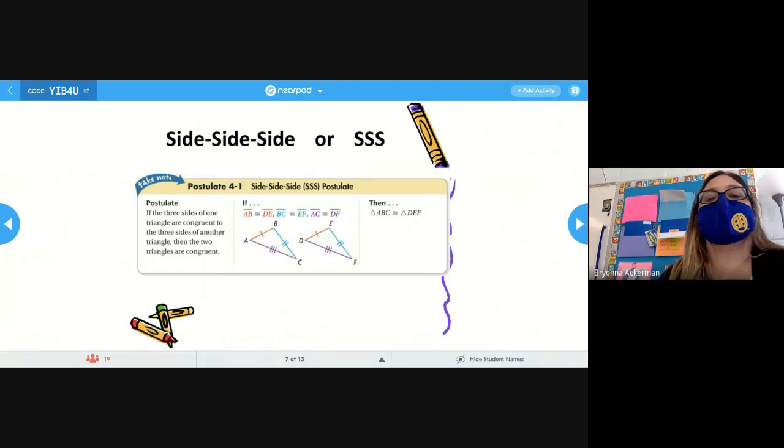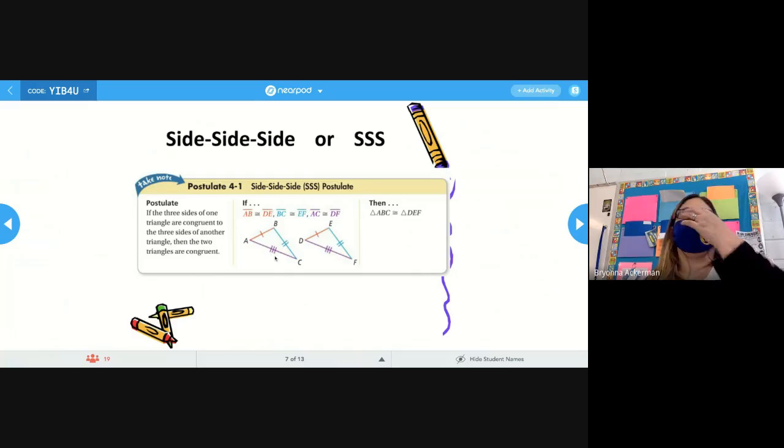That's because if the sides are congruent, they're going to create the same triangle, right? If I have this red side congruent to this red side, and the blue side congruent to this blue side, and the purple and the purple, they are going to be congruent triangles because when I match those sides together, if they're the same length, they're going to create the same angles, okay?